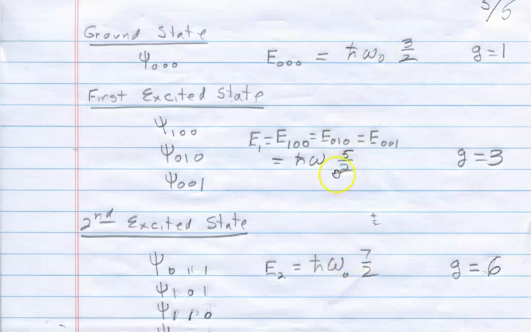So 3 halves, 5 halves, 7 halves. The difference between the ground state and the first excited state is h bar omega naught. Between the first excited state and the second excited state, h bar omega naught. And so the energy levels are still separated by h bar omega naught, and they're all equally spaced.